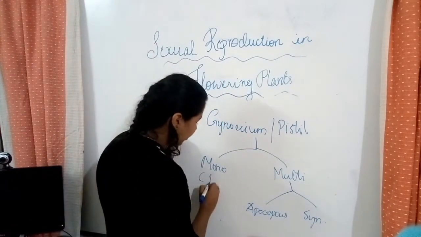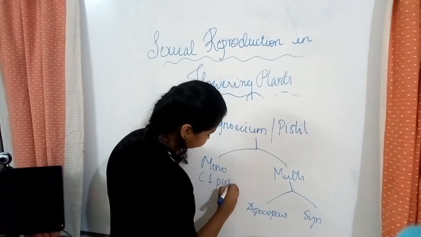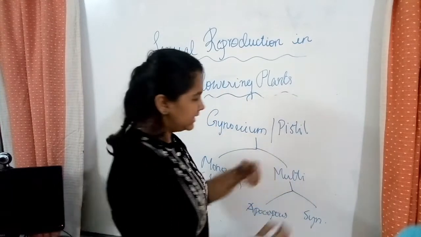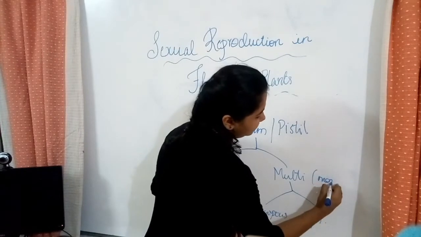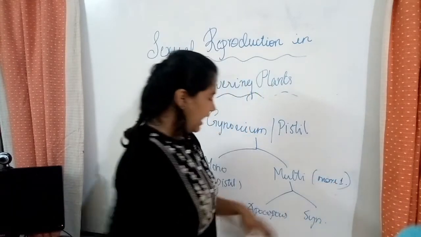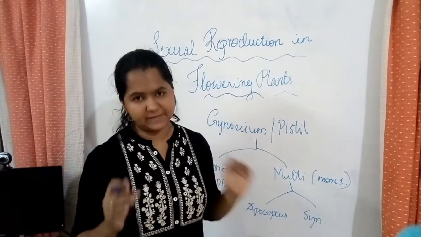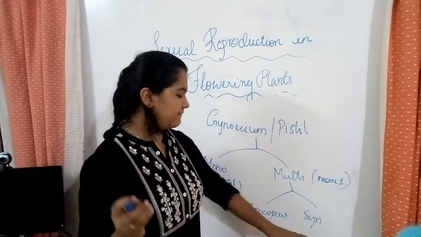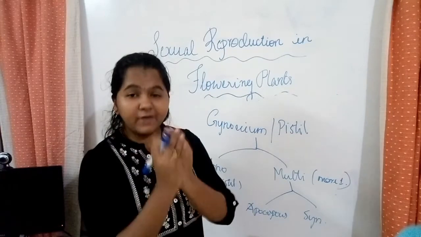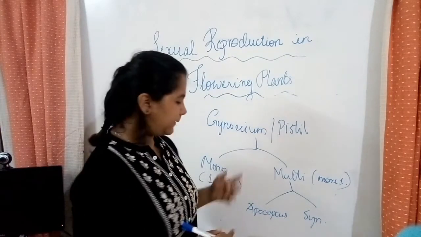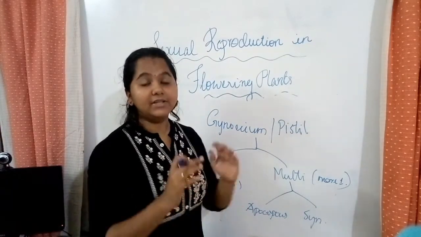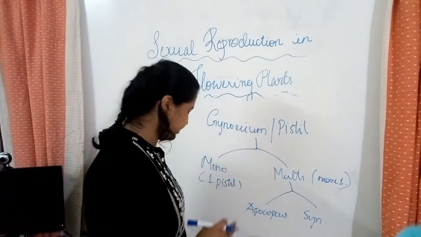There is only one pistil. And multi, there is more than one pistil. What is syncarpous and apocarpous? Apocarpous means free pistils, the pistils are free, whereas syncarpous means fused pistils. Now we learn about the structure of the gynoecium.